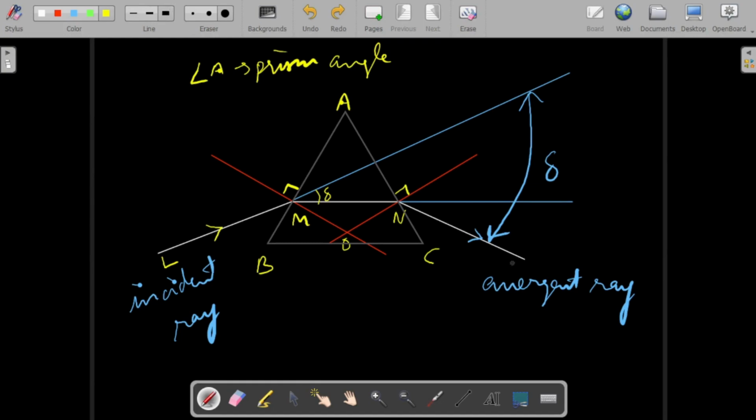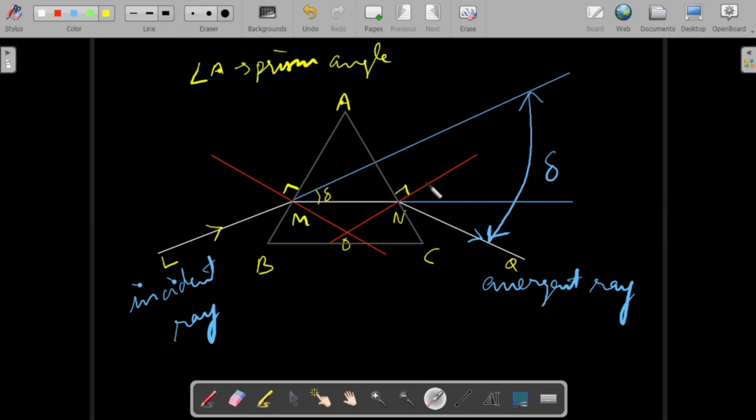So the ray of light, instead of following the MN and then again the blue path, has followed the NQ path. Let me explain it again. LM is the ray of light which has to pass through this blue ray of light. But due to the presence of this prism, it has gone through refraction and followed this MN path. Now, if the further medium were the denser one, this MN ray would have followed this blue line path.